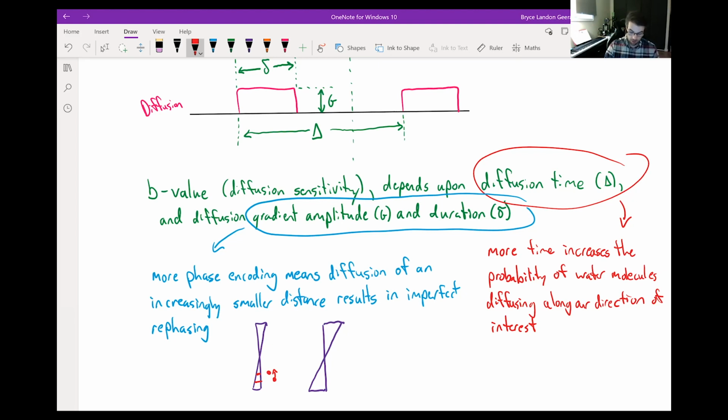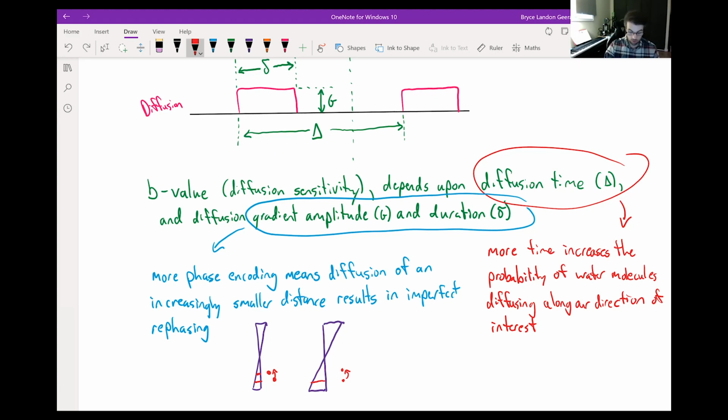Whereas in the same situation, here to here, in this more powerful gradient, so this would be a larger G, a larger gradient amplitude in that drawing I've got at the top of the screen. Here, the difference in magnitude of gradients that this spin sees is more substantial.